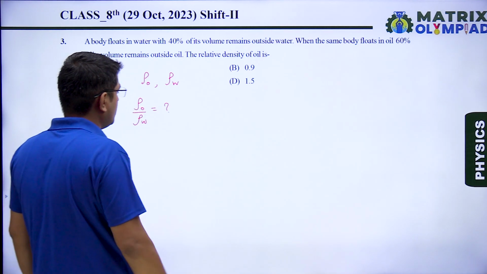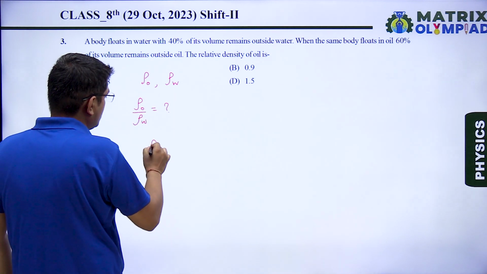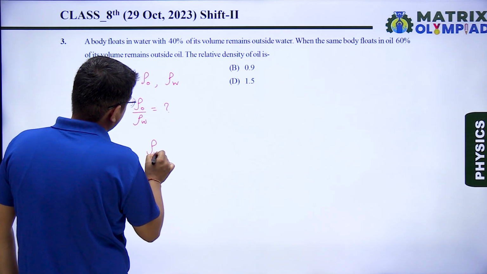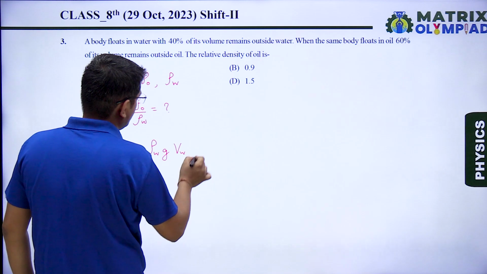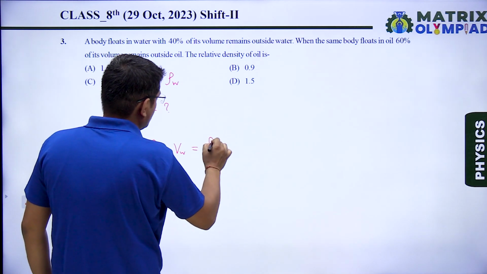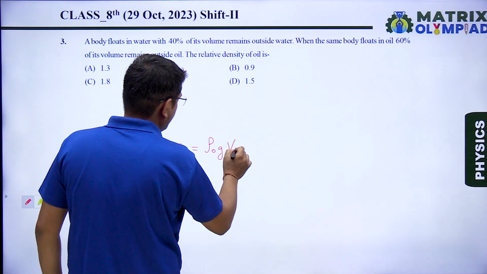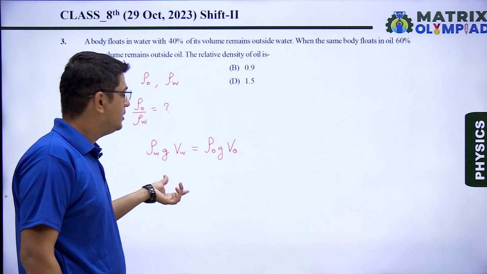For this, I am using Archimedes principle, and the formula is rho W g VW is equal to rho O g multiplied by VO. What is VW? It is the part of volume which is dipped inside water.